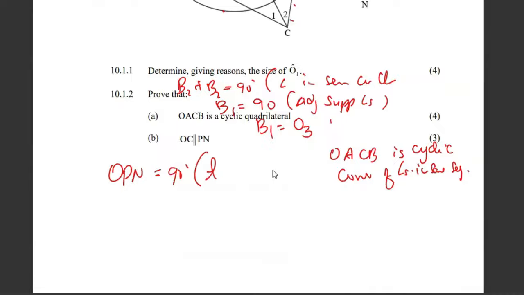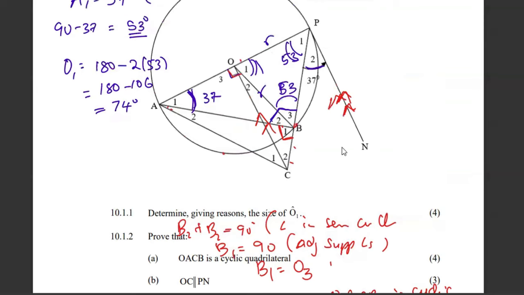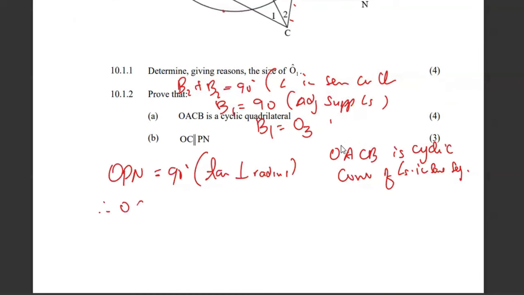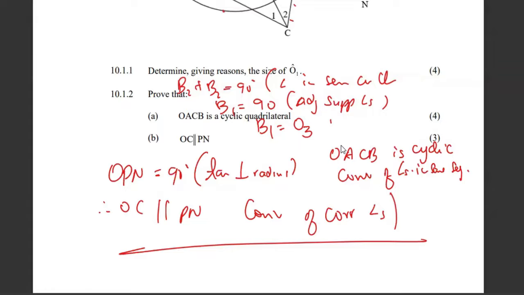Reason, the tangent perpendicular to the radius or perpendicular to the diameter. And then if this is a 90, this is already 90. Therefore, OC is parallel to PN, the converse of corresponding angles. Okay, so that is question number 10.1.